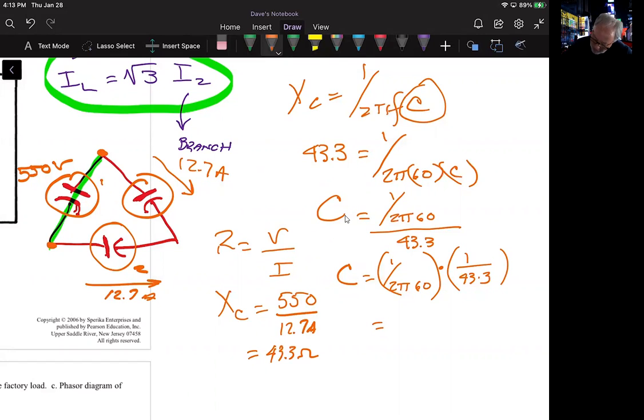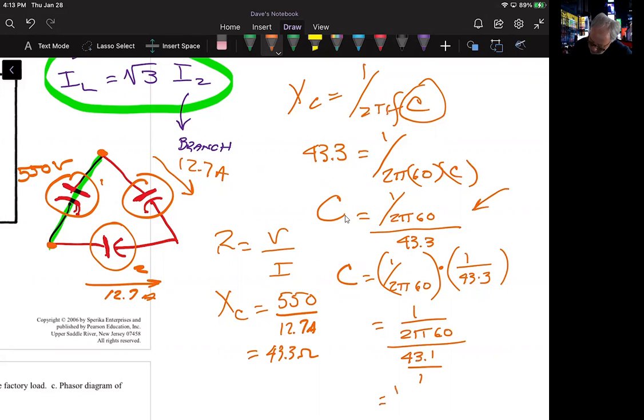Like if I looked at this, let's go right here. If I looked at this and I said 1 over 2 pi 60 divided by 43.1, which is actually 43.1 over 1, to divide, you invert and multiply, right?